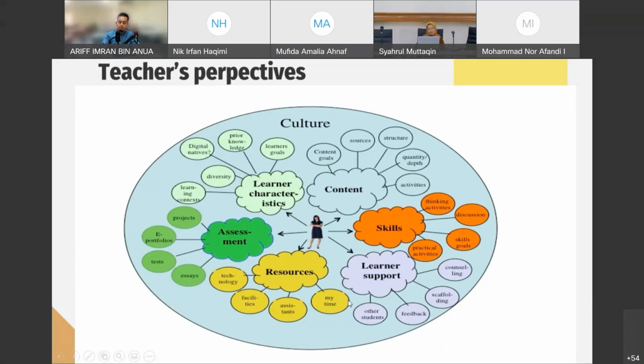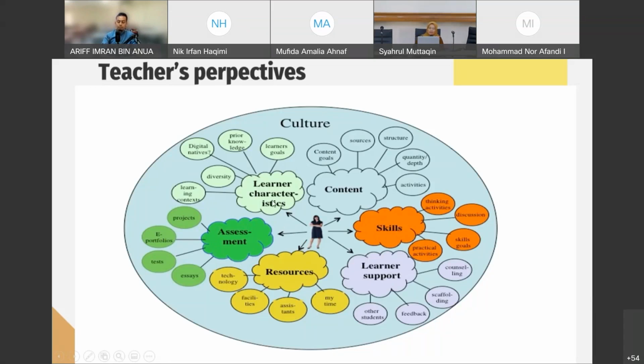Since when the teachers see the learning environments, the teacher will see the learner's characteristics and then the content of the teaching and learning, and then the skills that should be achieved, and then the learner's support, and then the resources, and also the assessment that the teacher should do at the end of the process.